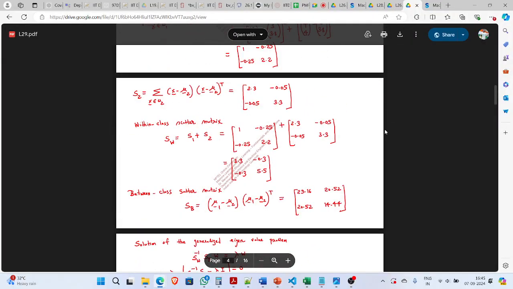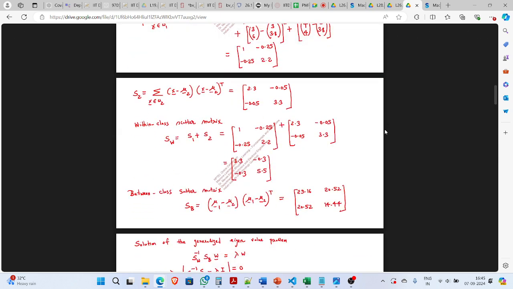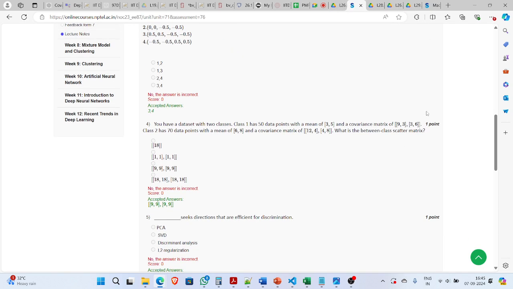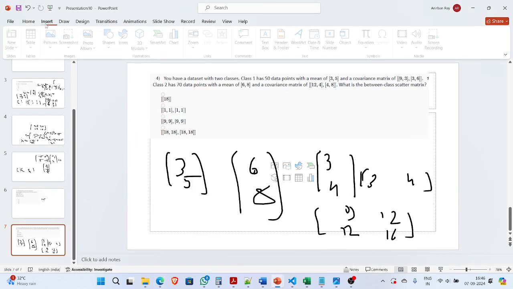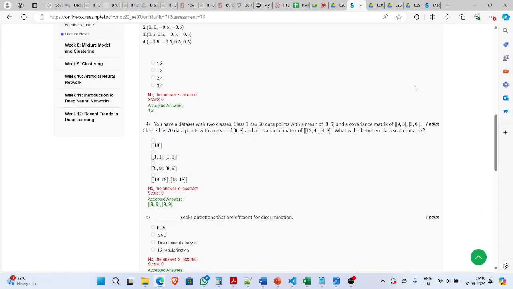Calculate SW here. So it is the sum of the covariance matrices, right? Yes, the sample covariance matrices.